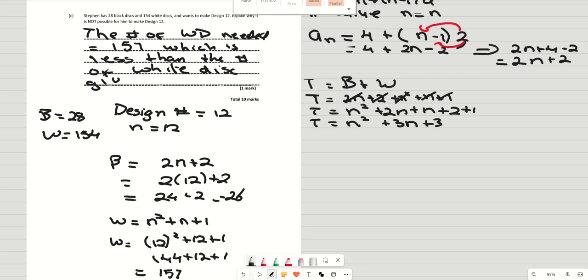Something along those lines, right? And that would be your answer for C. And that is the end of number 7, 2023, May, June.